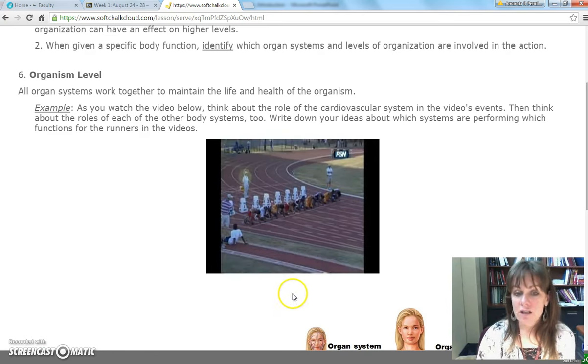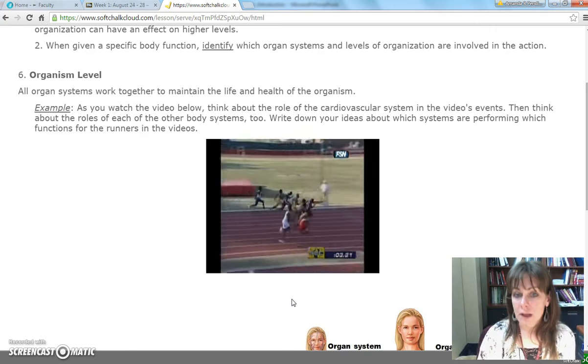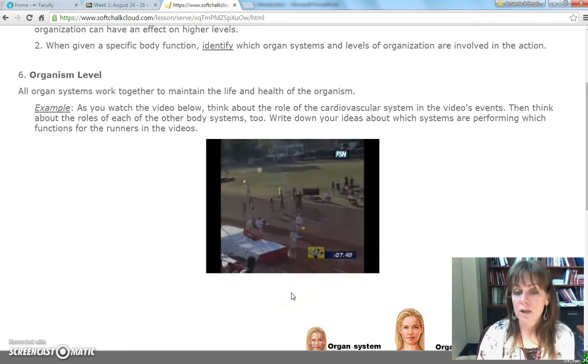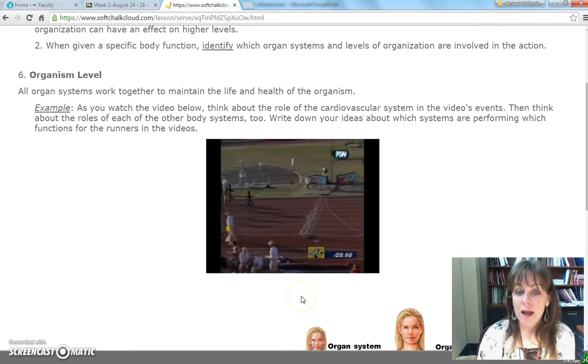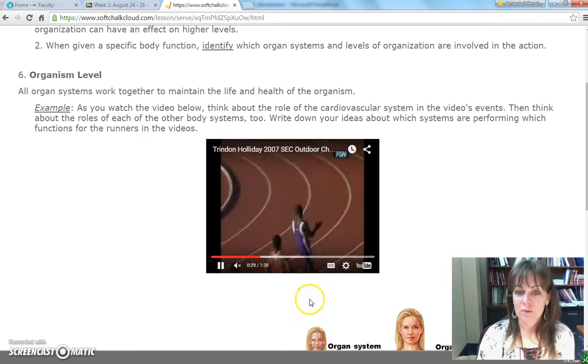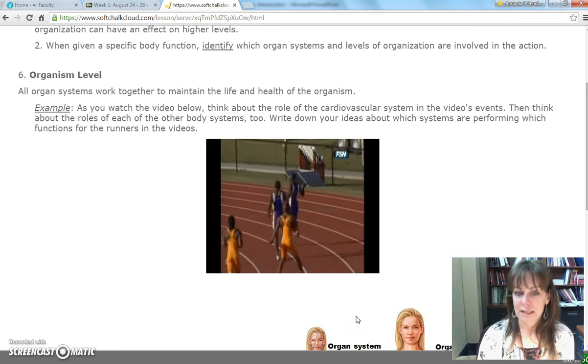And as you're watching this race, just think about how these organ systems are working together. Atoms, molecules, cells, tissues, organs, organ systems working together to allow this wonderful organism, this guy right here, to win and allows him to then be doing his happy dance.